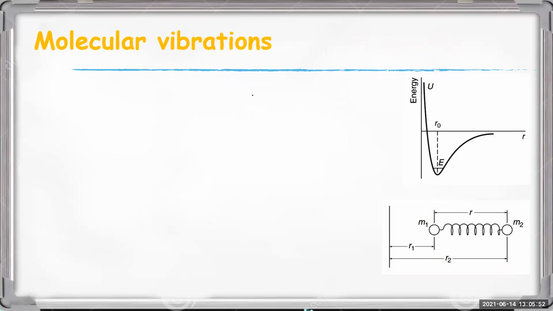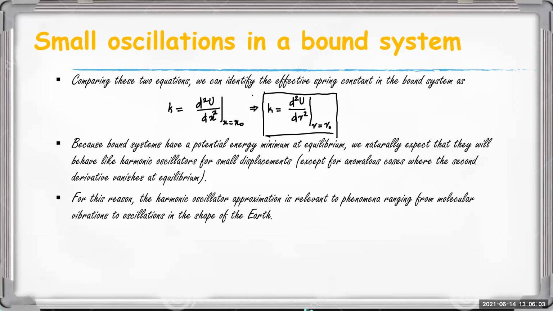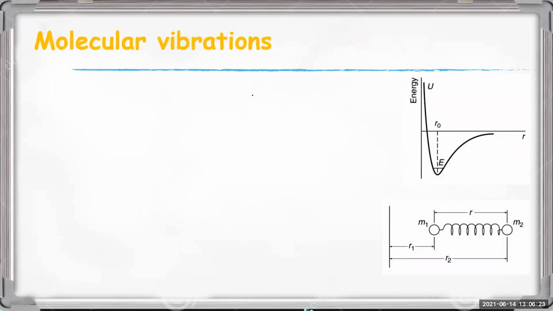We know that the harmonic oscillator approximation is relevant to molecular vibrations and also to the vibrations of large bodies. So here we consider molecular vibrations as an example of small oscillation in a bound system.